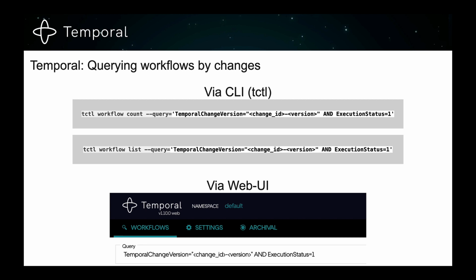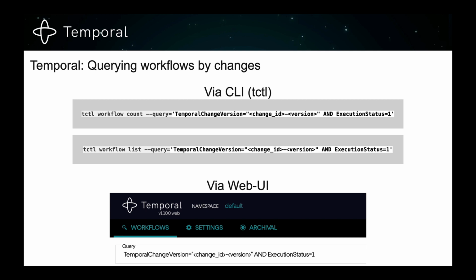Temporal allows you to query workflows by the actual changes that were introduced. This can be done in two ways, via the Temporal CLI or TCTL. Here we can see a command that does TCTL workflow count. We're going to count the number of workflows that have the search attribute TemporalChangeVersion with its value set to the change ID of the change, a dash, and the version of the change.